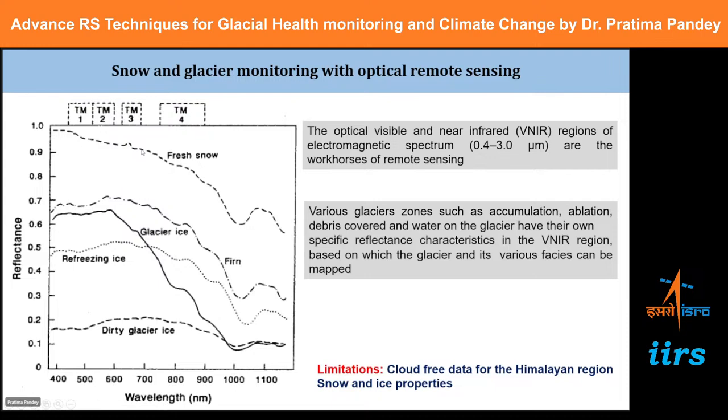We all know that snow has a very high albedo, 80 to 90%, so snow reflects almost all of the radiation coming to it. So this is the spectral response for the fresh snow. As the snow ages, the snow becomes firn. One year old snow is known as firn. So firn has a little lesser spectral response than the fresh snow.